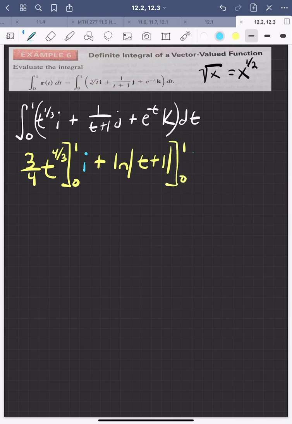That's in the k direction. Almost there. So if you integrate e to the negative t, that's going to end up being negative e to the negative t, from 0 to 1.